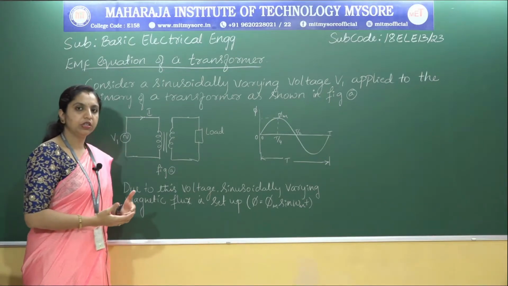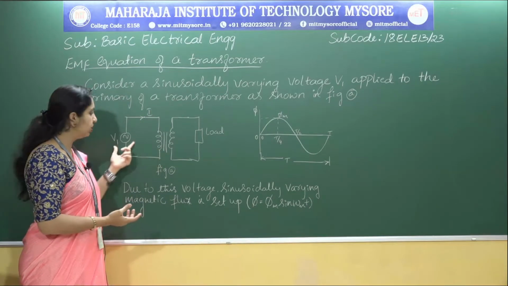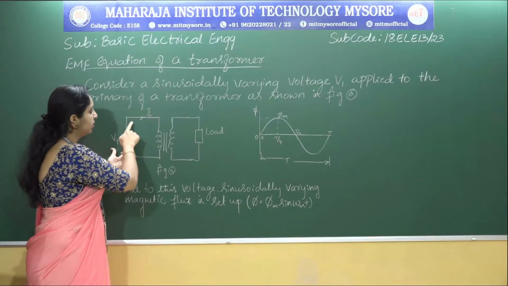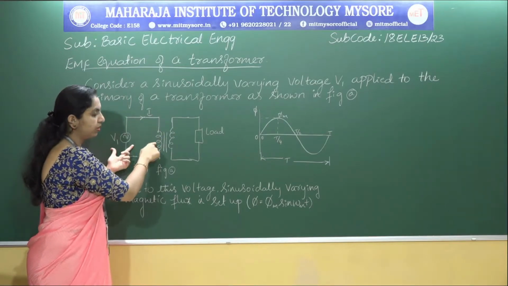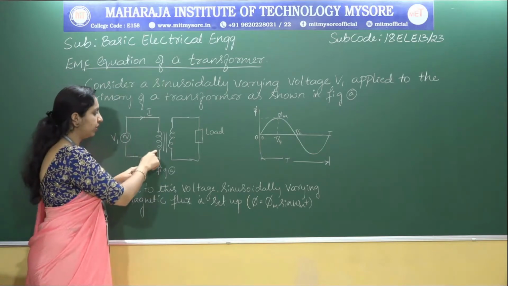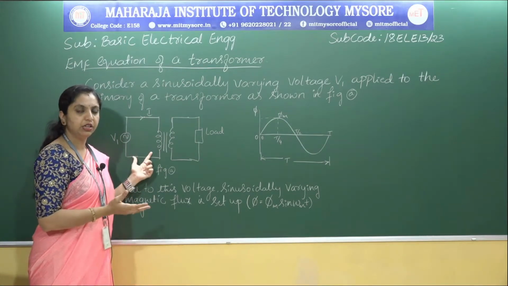Already you know that the primary winding gets excited by this input AC voltage, and current passes through the primary winding. When the alternating current passes through the winding, there will be a change in flux.